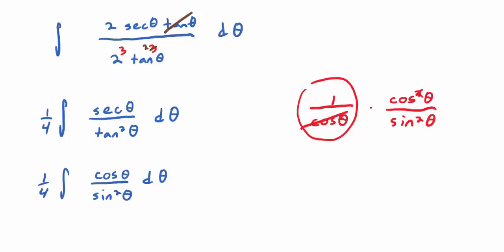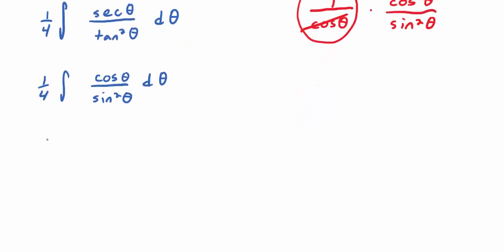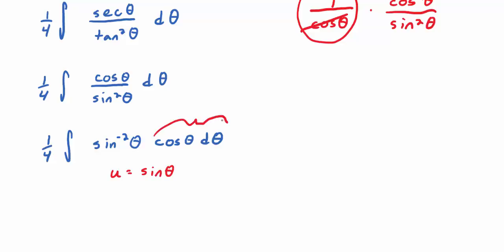A nice way to see that is if you rewrite it as sine to the negative 2 power, and then cosine theta d theta, and then let u equal sine theta, and then the du is gift wrap for you. Du is equal to cosine theta d theta.